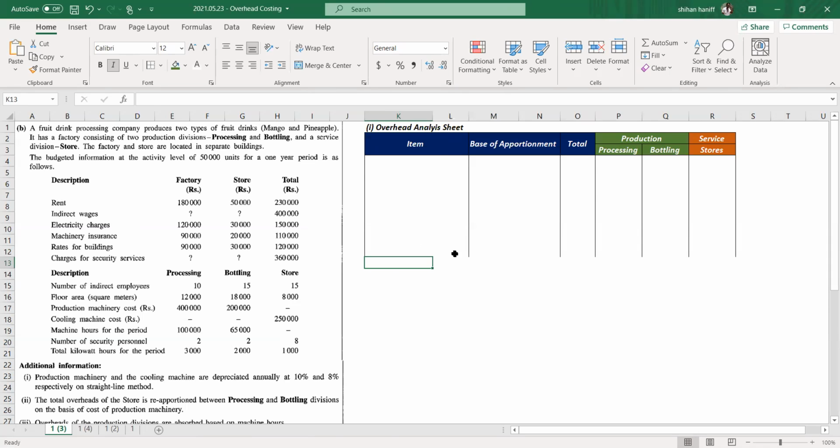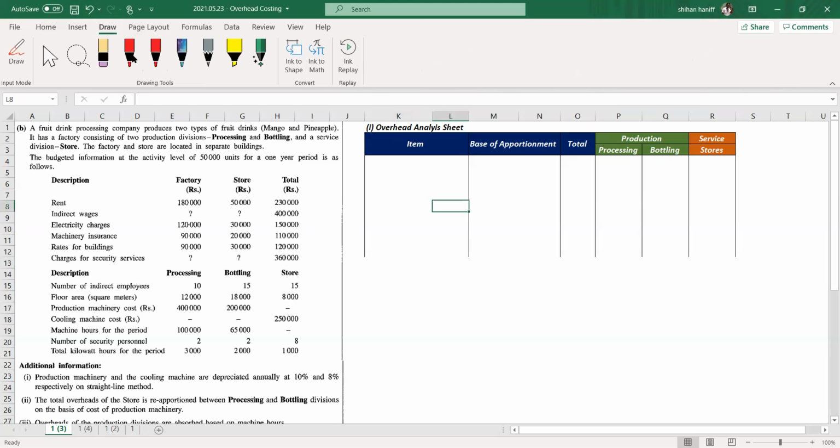Right? Okay. So first thing, the apportionment of cost. So this is a food drink manufacturing company. They have two types of food drinks, and the production division has processing and bottling, and the service division has stores.